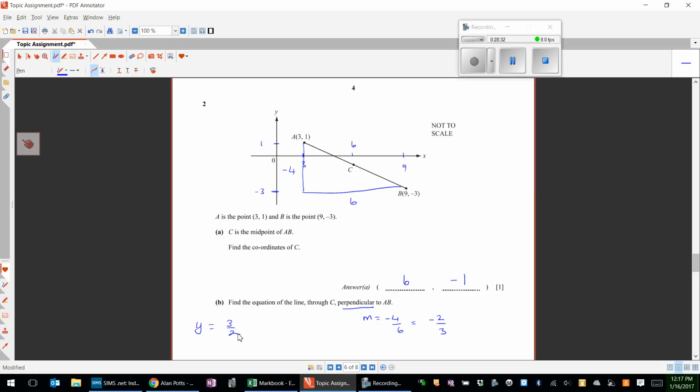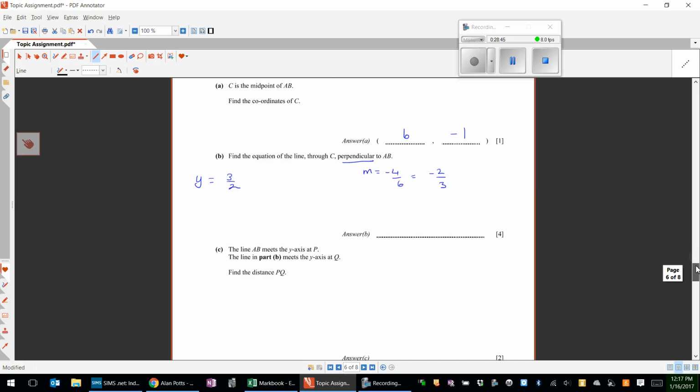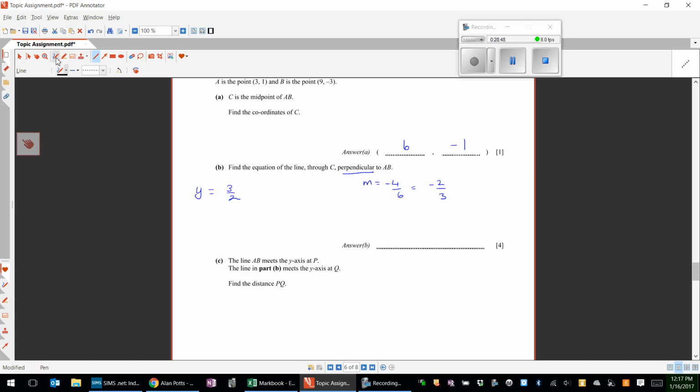What we do need to know is that this line is perpendicular. The only information we've got, we do know it also goes through point (6, -1). It goes through the same midpoint C. Therefore, when x is 6, y is -1. So we've got -1 = 3/2 times 6 plus c.